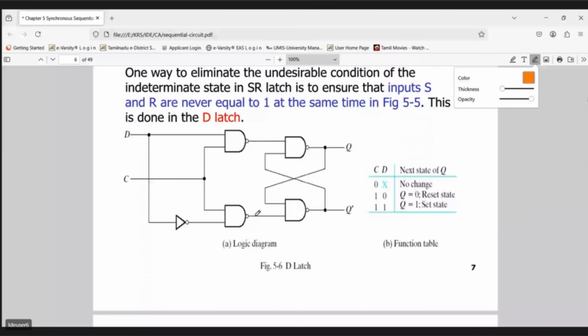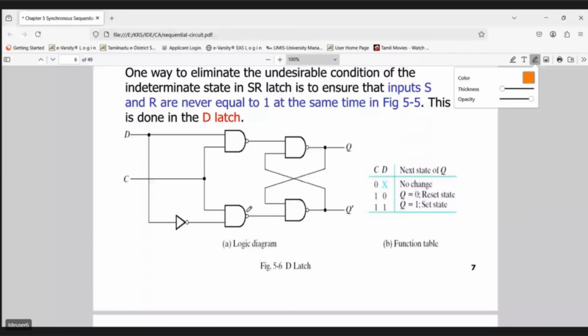Then Q equal to 0, then D equal to 0. Therefore, the reset value and it is enabled. Next, both are 1, 1 na, so C value 1, Q equal to 1 set state.